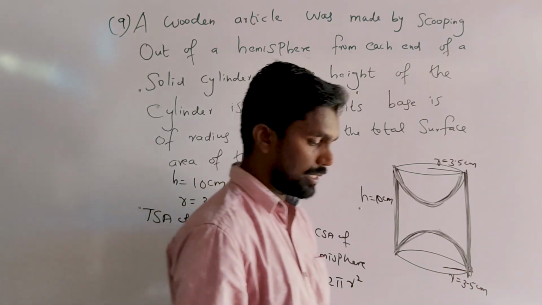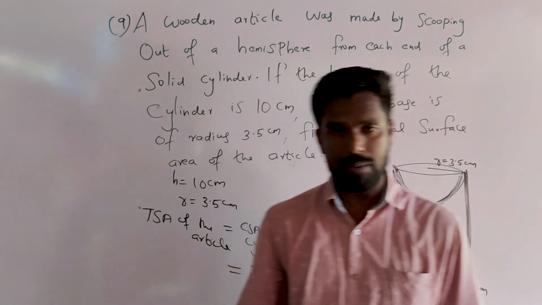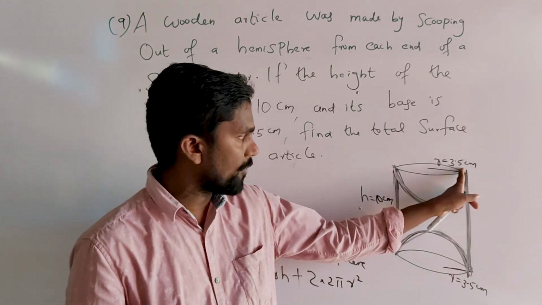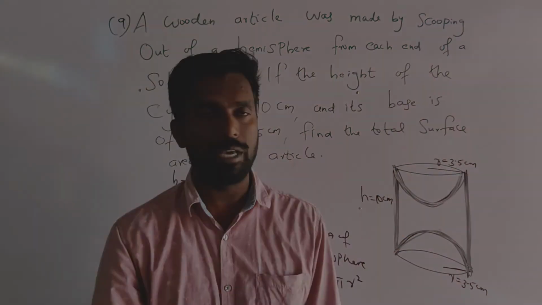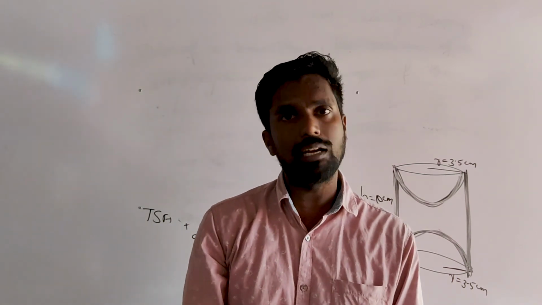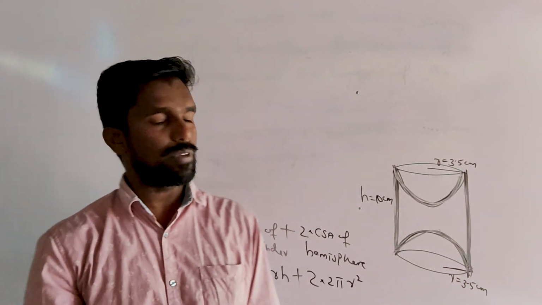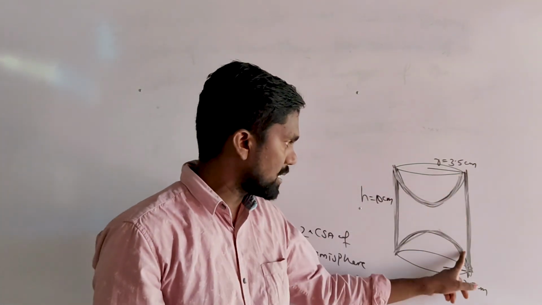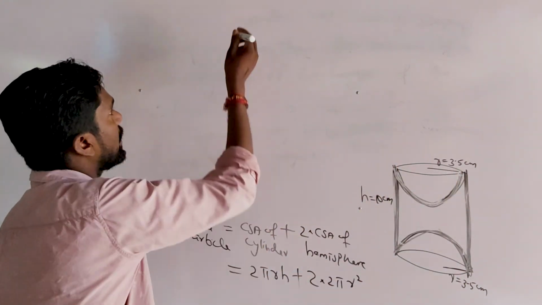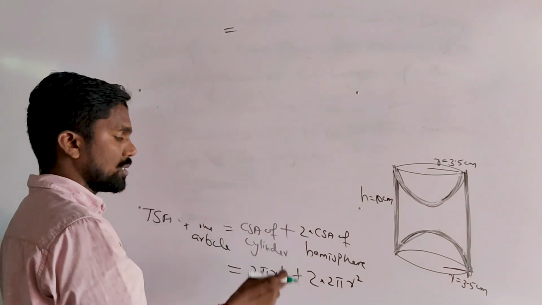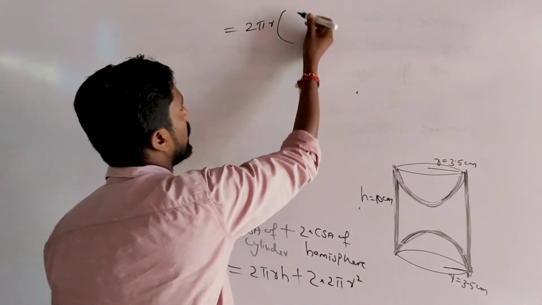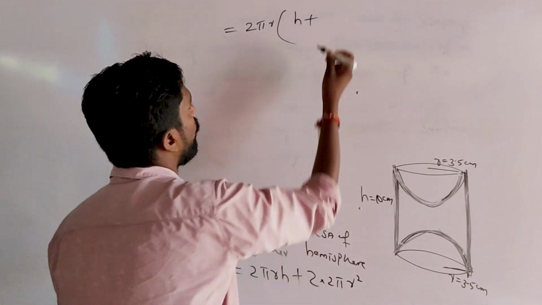So to find the wooden article's total surface area, we have to add the curved surface area of the cylinder and the curved surface area of the hemispheres. 2 pi r is common, so you can take 2 pi r outside. So here it will be h, and here it will be 2r.